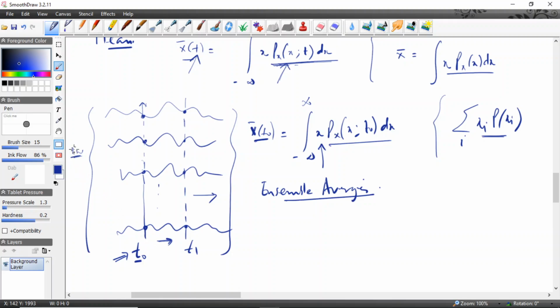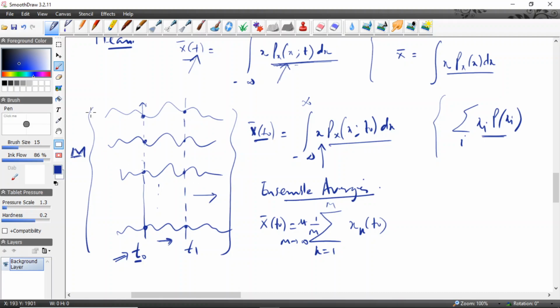So in general, if we have m sample functions of the random process, then the mean of the random process at a particular time t naught will be given by the summation of xk of t naught, where k is from 1 to m, divided by m, and of course in the limit m goes to infinity. This is the actual way to compute the mean of the random process.